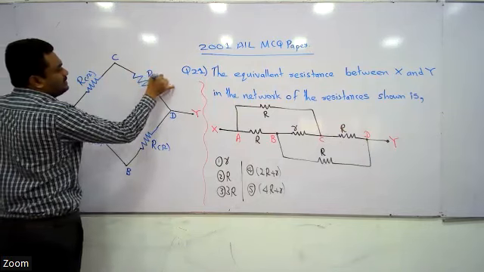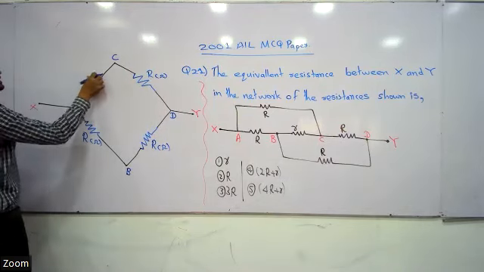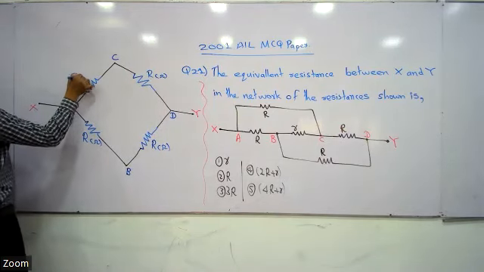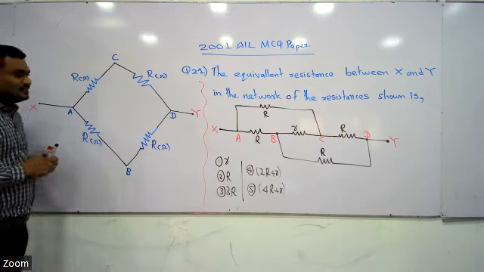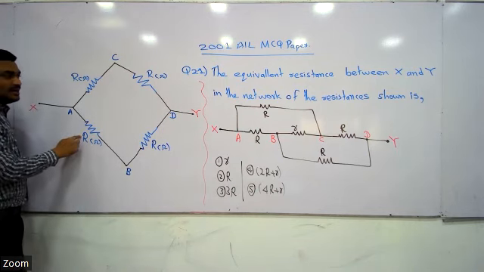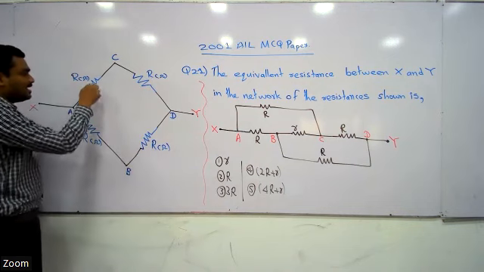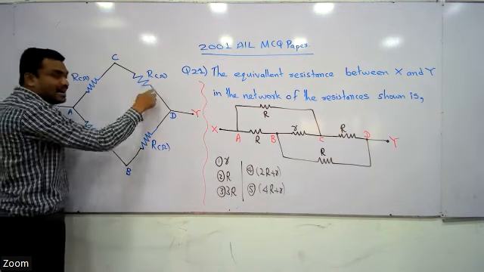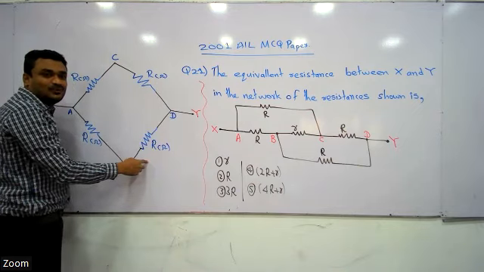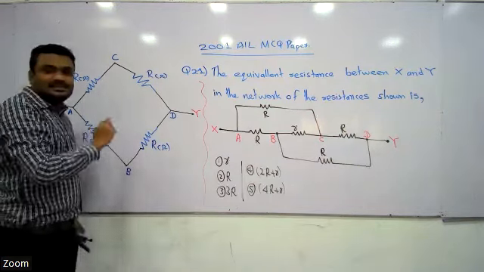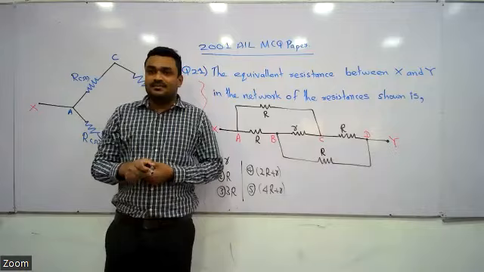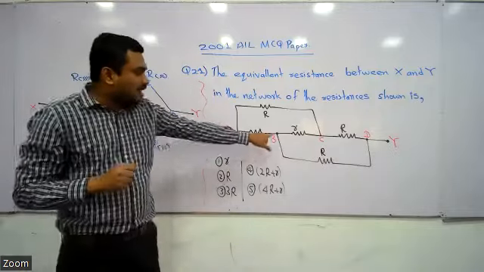Now, what is this circuit here? R divided by R is 1. So it is R1 over R2 equals R3 over R4. So this is a balanced Wheatstone bridge. There is one more resistor.